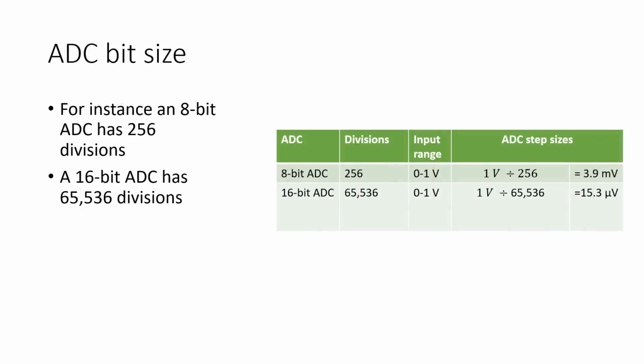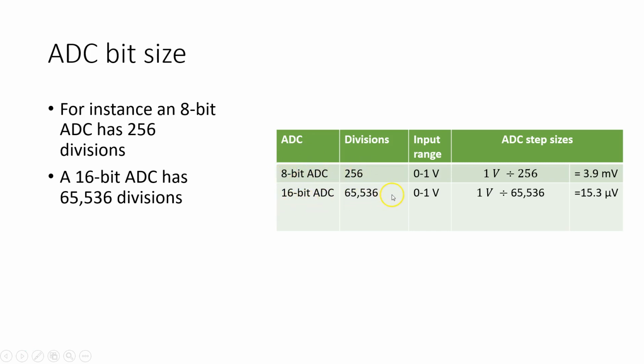If we have an 8-bit ADC, then we're going to have 256 divisions in the 0 to 1 volt range. So we've divided 1 volt by 256 divisions. To get this number, for binary, you do 2 to the power of n, where n is 8. So 2 raised to the power 8 is 256.